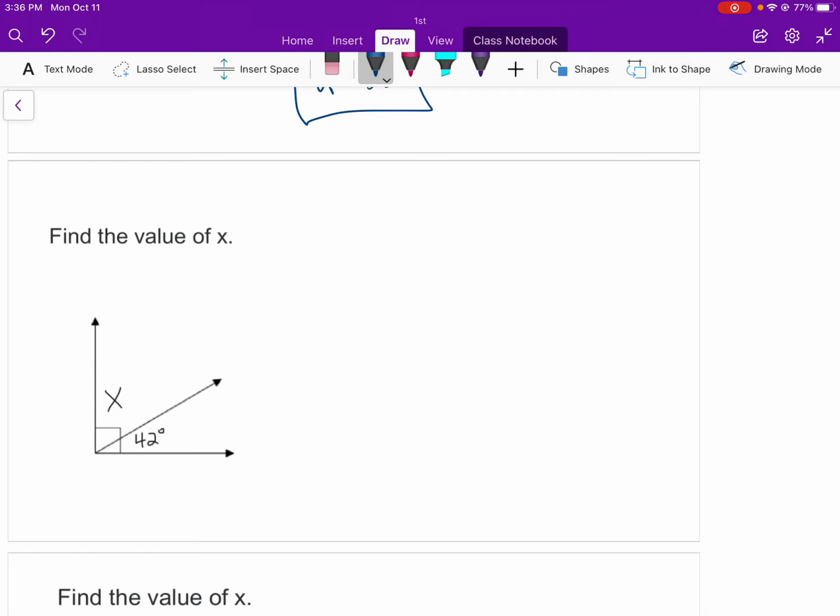Okay, this one's very simple. So what we see here is a 90-degree angle. Remember, this little square tells us 90 degrees. So that means these two angles are complementary.